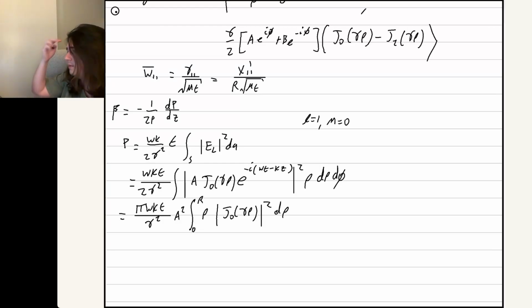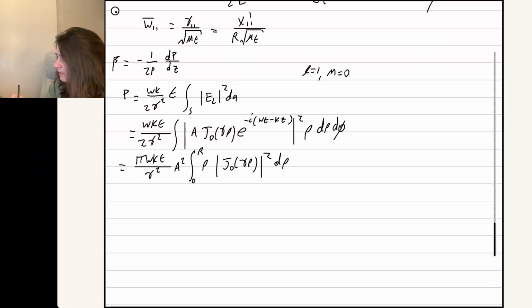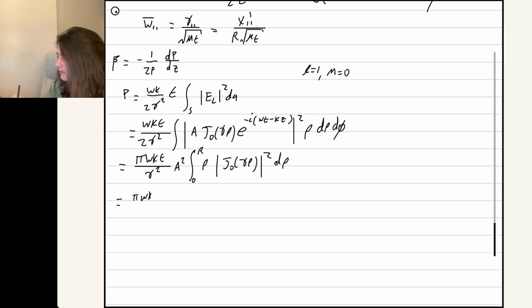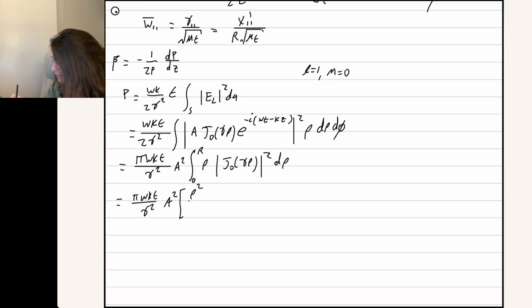This integral is a little bit silly, and I did just look it up, but it ends up being, oh my gosh, it's a really gross one, A squared, then gamma squared over rho squared over 2, and then you'll now have the first Bessel function instead, and it is squared, evaluated from 0 to r.